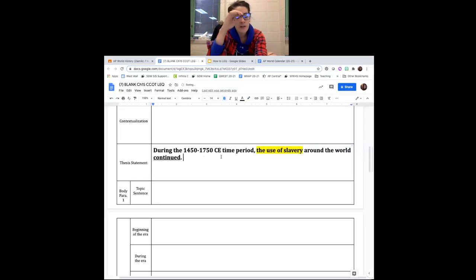Then in my thesis statement, I need to give my 2 changes. So I'm going to say, let's talk about commerce first. Commerce changed from trading of local goods to the global use of silver.